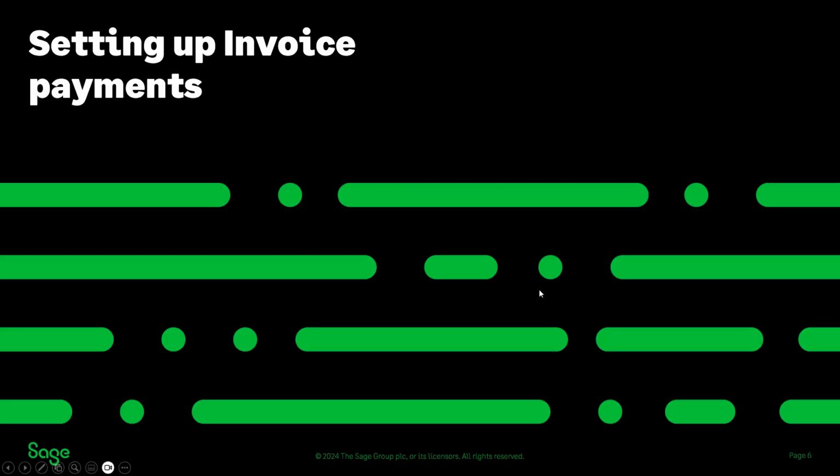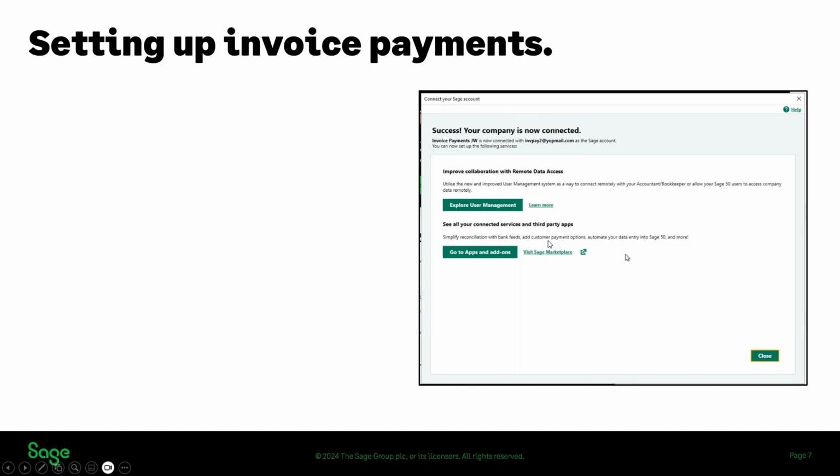Okay, so let's just have a quick look at invoice payments, how to set that up. It is a connected service. Connected services is probably something you've heard us mention a lot over the last few months. Other examples of connected services are things like remote data access and bank feeds. And all that means is to access this, you will need to set up with your Sage account.